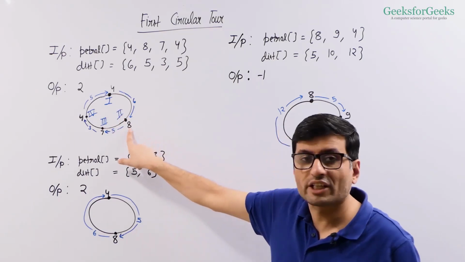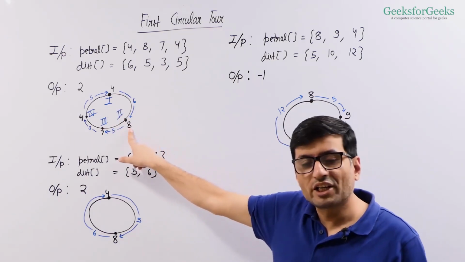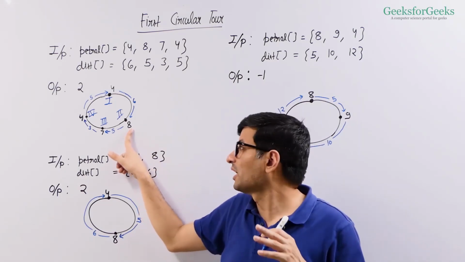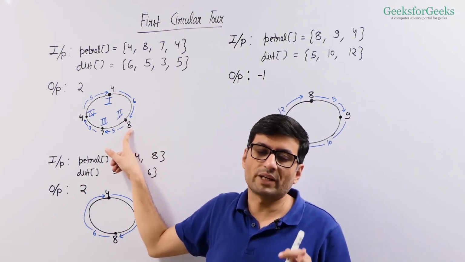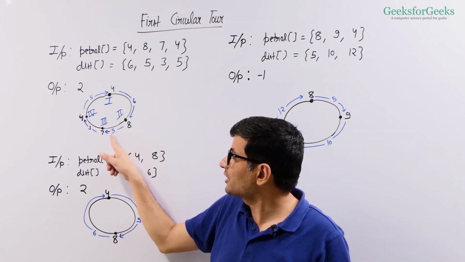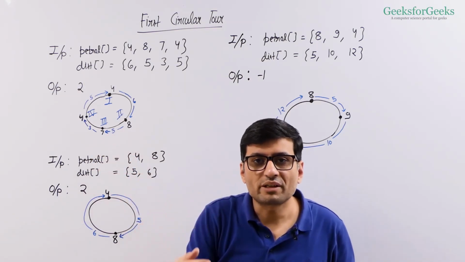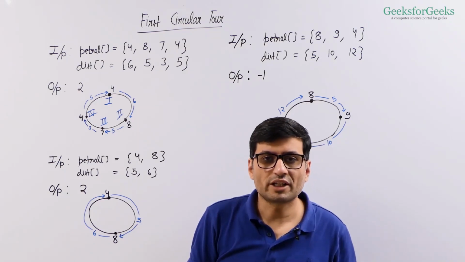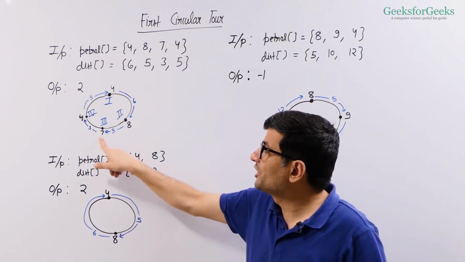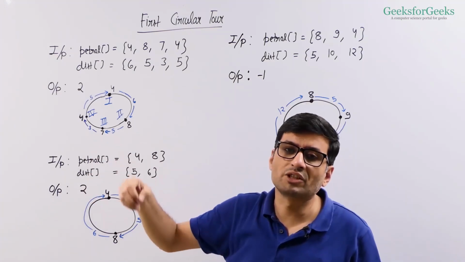Now let's try the second petrol pump. I'll again begin with an empty truck. I'll fill 8 units of petrol in the truck, and the distance to the next petrol pump is 5 units. So I'll consume 5 units of petrol, and then I'll have 3 units left, and I'll fill 7 units more.